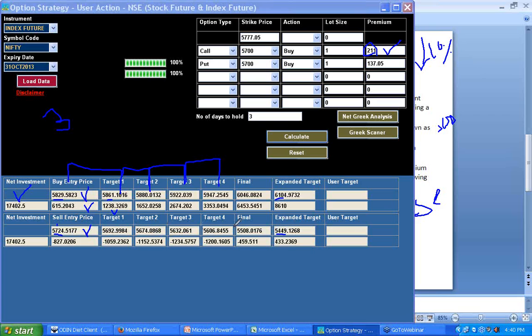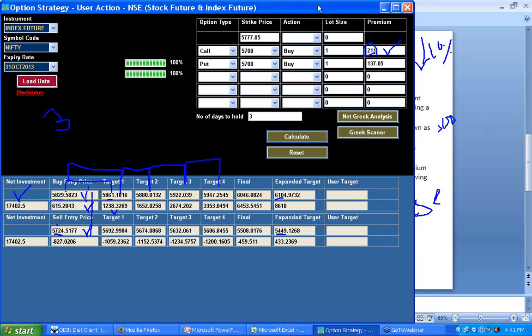In between, these are the levels it may test, and it may halt at any one of these levels during this 3 days period. It may halt at the first level also. It may oscillate between 5724 and 5829, or between 5861 and 5829. So these are the first answers I got for the underlying asset movement.